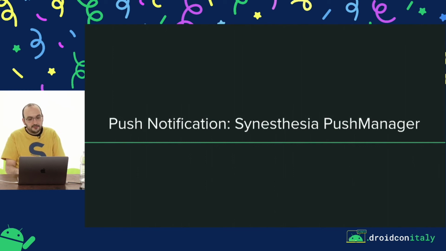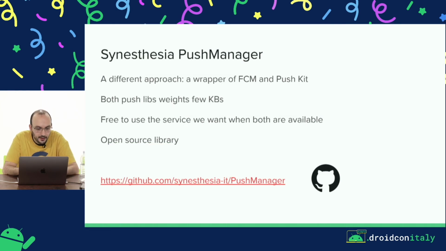Now we have a second example on the push notification. Here I used a different approach for the Synesthesia push manager library. I've added it to GitHub like 2 days ago, so I think that it right now has the incredible amount of like 0 stars.